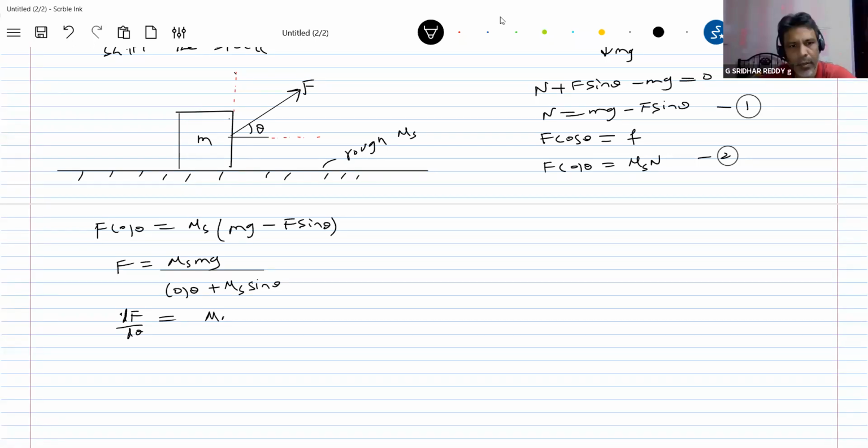So this will be mu s mg by cos theta plus mu s sine theta whole square, times minus the derivative of the denominator. The derivative will be minus sine theta plus mu s cos theta.